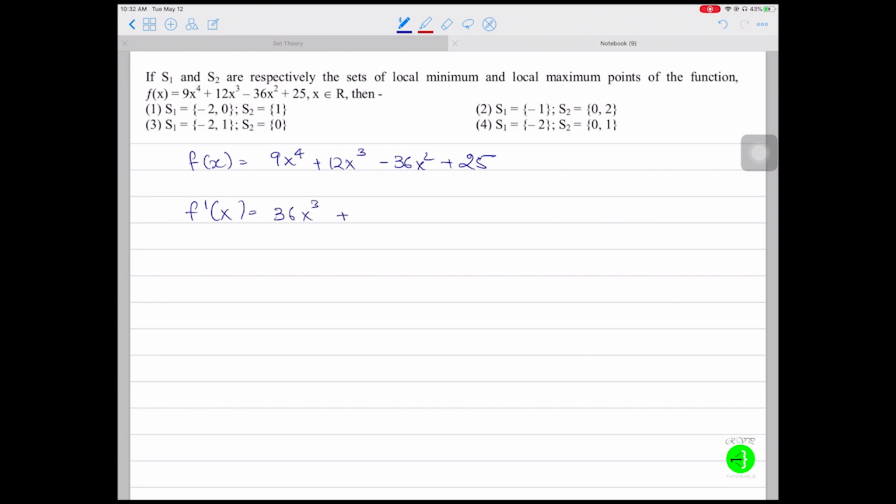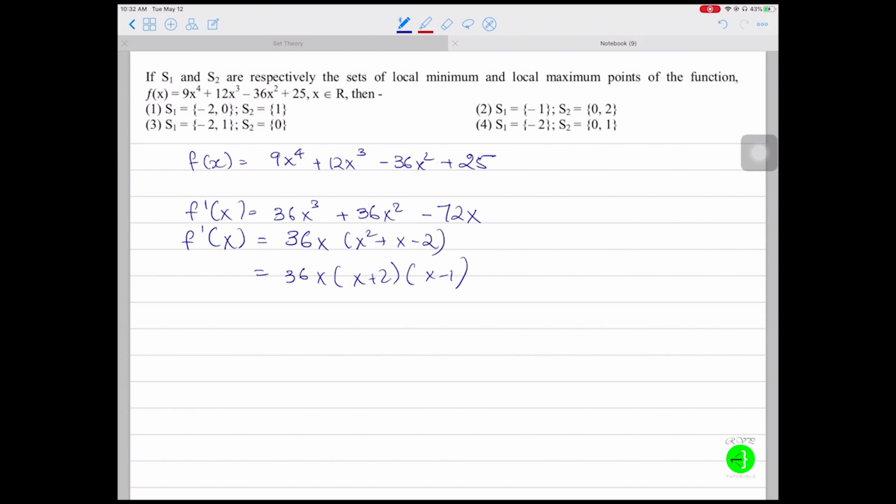Let's differentiate it. So we are left with 36x cubed plus 36x squared minus 72x. We can factor this out. We have 36x times (x squared plus x minus 2), which can be written as 36x times (x plus 2) times (x minus 1).